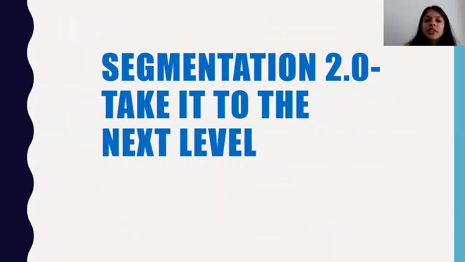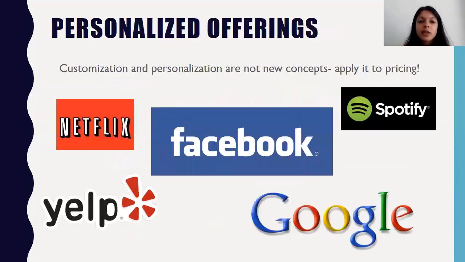So now that we've segmented and found our clusters, let's take segmentation to the next level. And by this, what I mean is personalized offerings. Customization and personalization are not new concepts, right? So Facebook customizes your news feed, Spotify gives you personalized recommendations, Netflix gives you recommendations, Yelp, Google, and I could name hundreds of other companies doing recommendation and personalization right now.